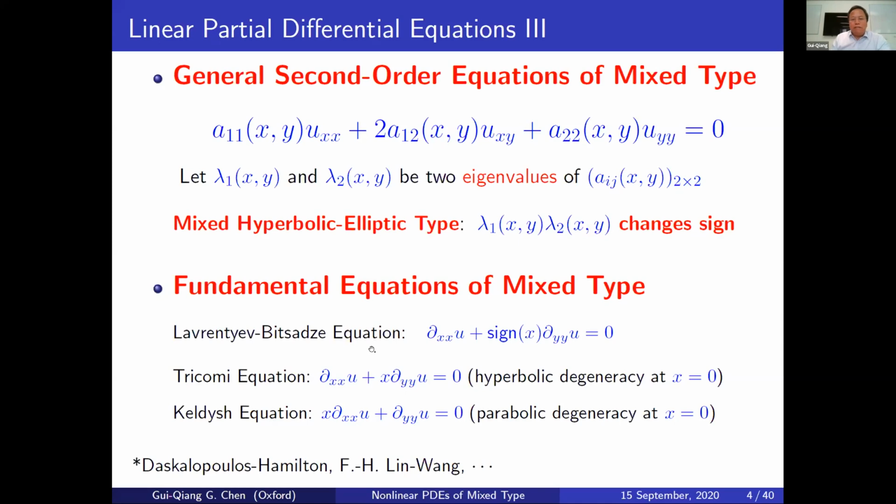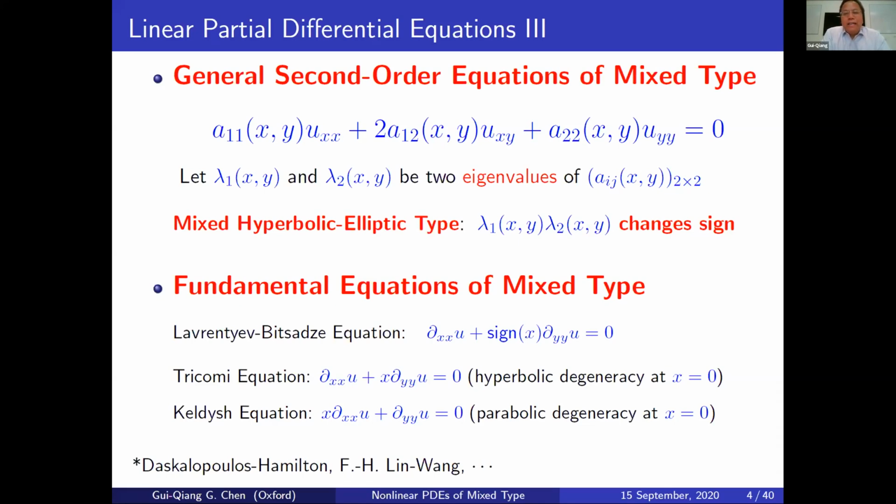They exhibit different kinds of degeneracy: one is hyperbolic degeneracy, the other is parabolic degeneracy. For the linear case, although it is mixed type, we know the transition boundary because it is determined by x, y.